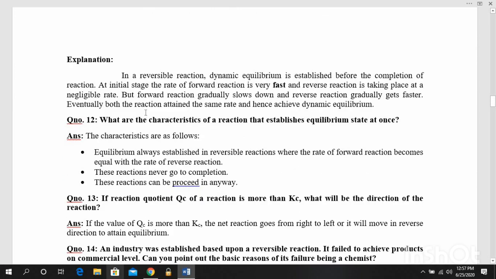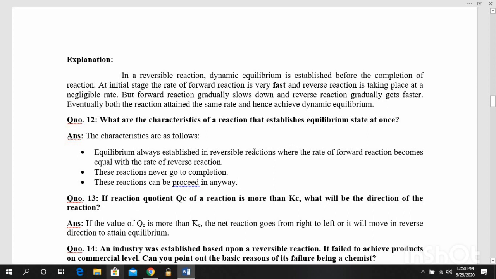Okay. Question number 12: what are the characteristics of the reactions that establish equilibrium state at once? The characteristics are: equilibrium is always established in reversible reactions. Equilibrium is never established in irreversible reactions. So the first point is quite clear, that equilibrium is always established in reversible reactions.